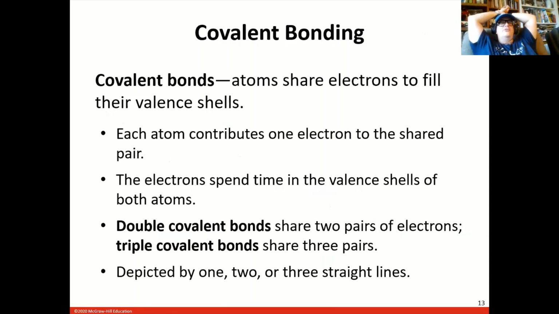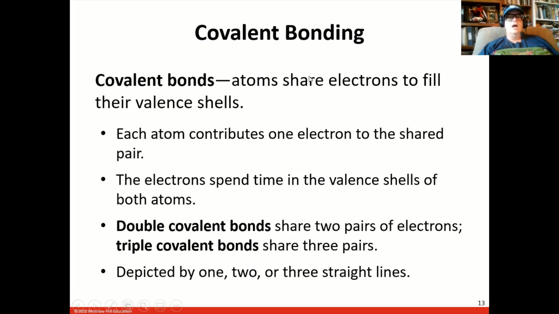So ionic bonds, we gained or lost electrons and we became ions. Covalent bonds, you share electrons.